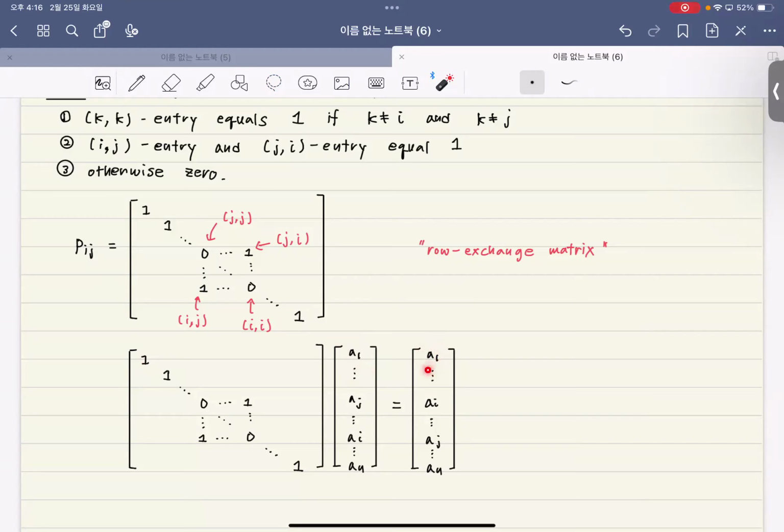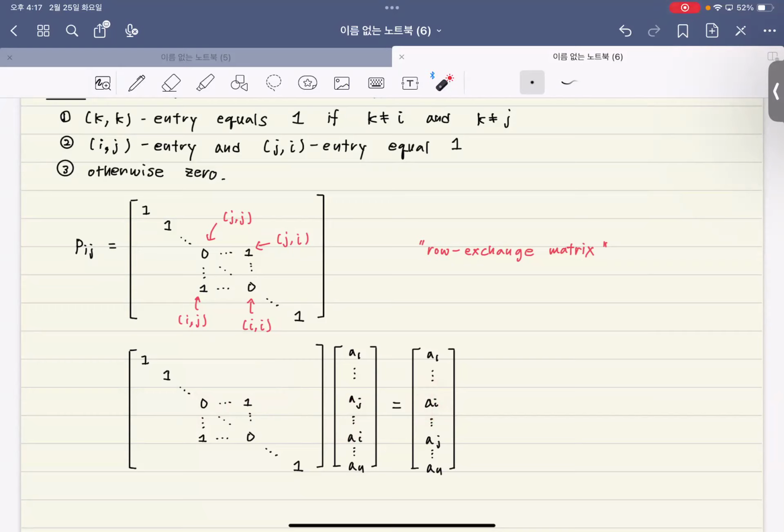And it goes on, but something strange happens here, because Aj times this is not 1, this one is 0. So Aj times 1 is 0. But since I have 1 here, 1 times Ai, this entry is not Aj, but now Ai.